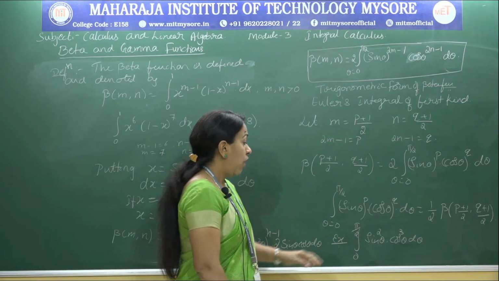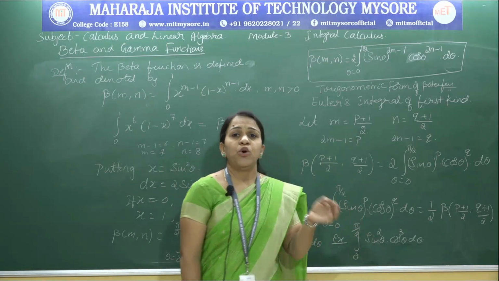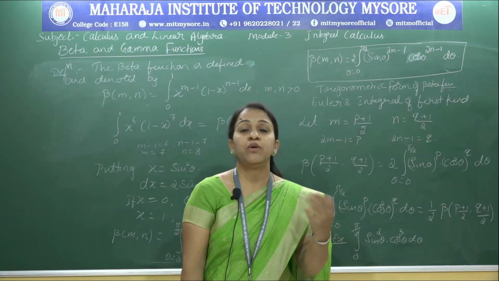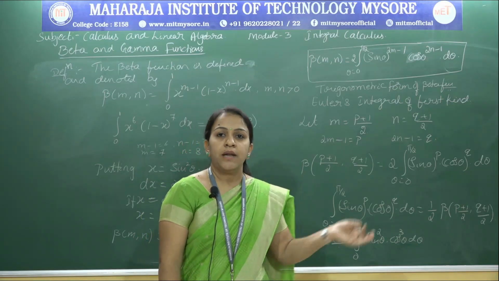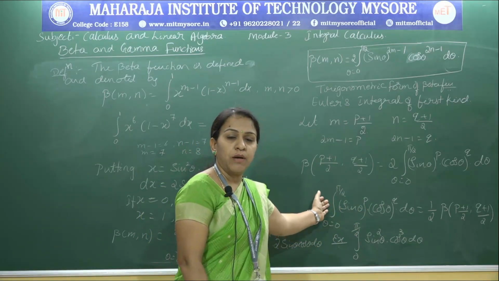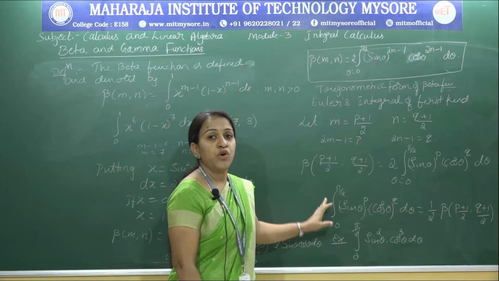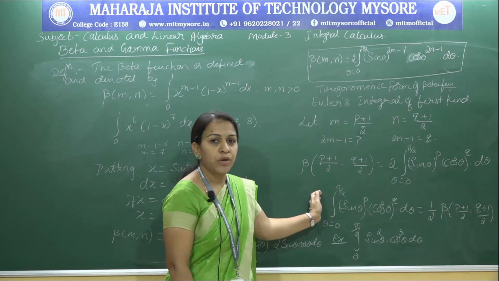If the limit is not 0 to pi by 2, and you are able to reduce it to 0 to pi by 2, first you should reduce and then use the same formula. If you are not able to reduce, then you are not supposed to use the formula.